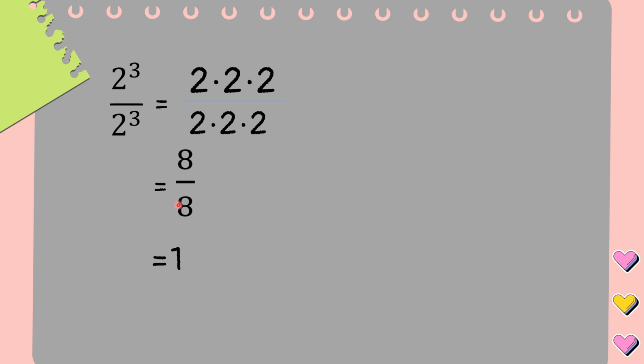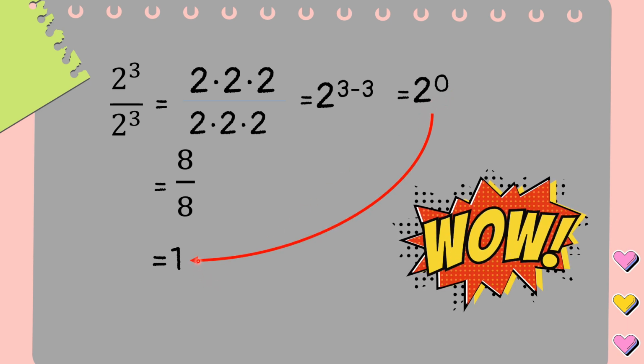You know that a number divided by itself is always equal to 1. By the quotient law of exponents, we know also that 2 raised to 3 divided by 2 raised to 3 is simply 2 raised to 3 minus 3. 2 raised to 3 minus 3 is 2 raised to 0, and 2 raised to 0 is equal to 1.